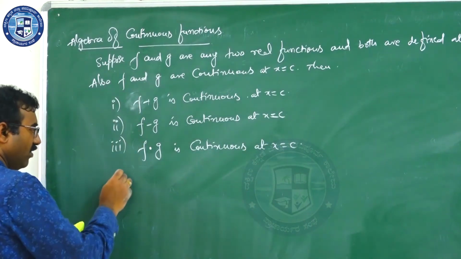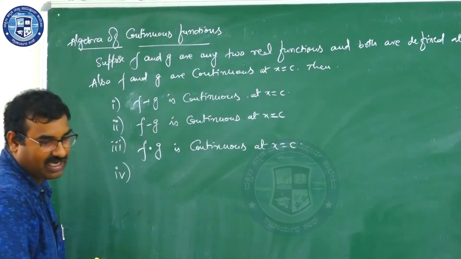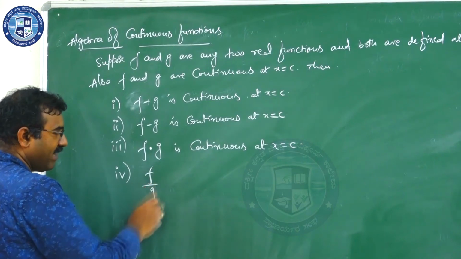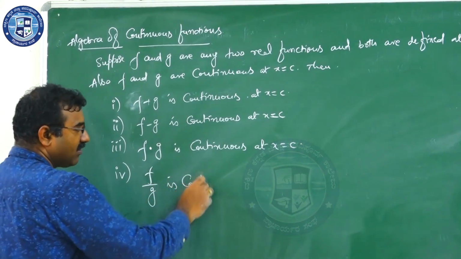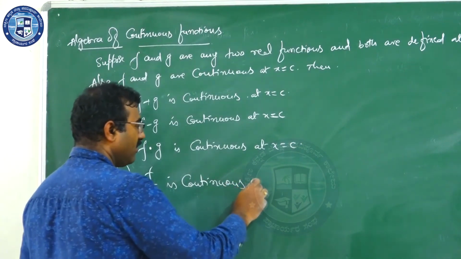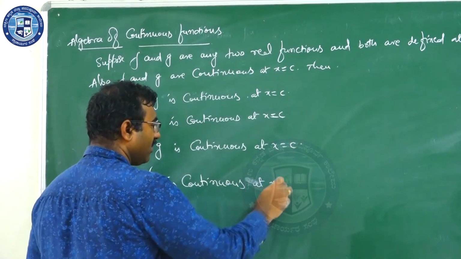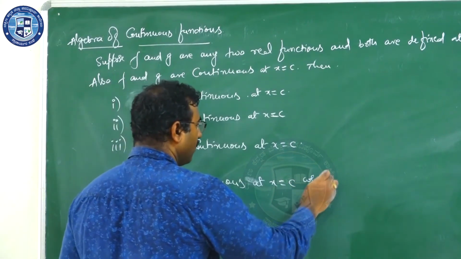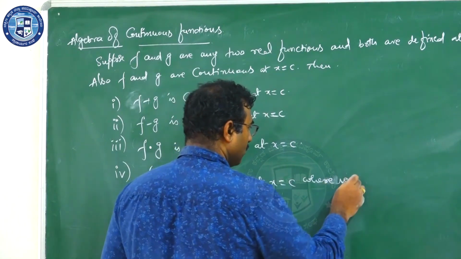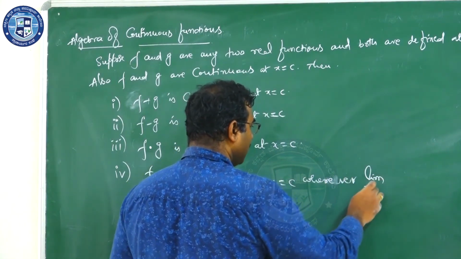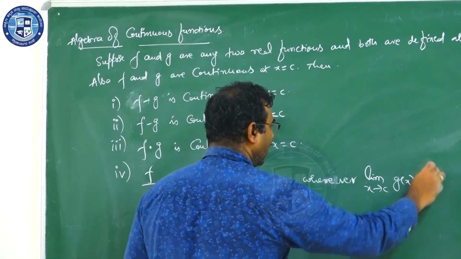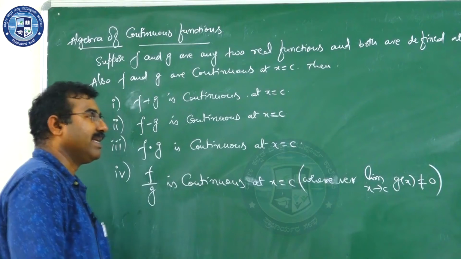Fourth, f by g is also continuous at x equal to c, wherever g(x) is not equal to 0.